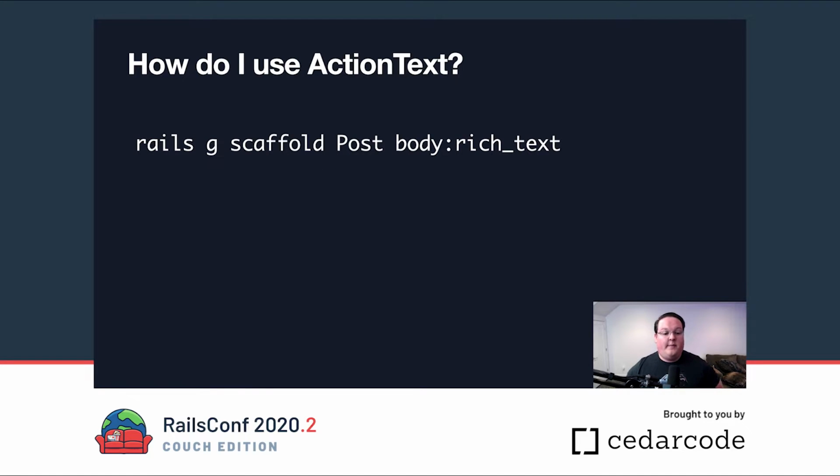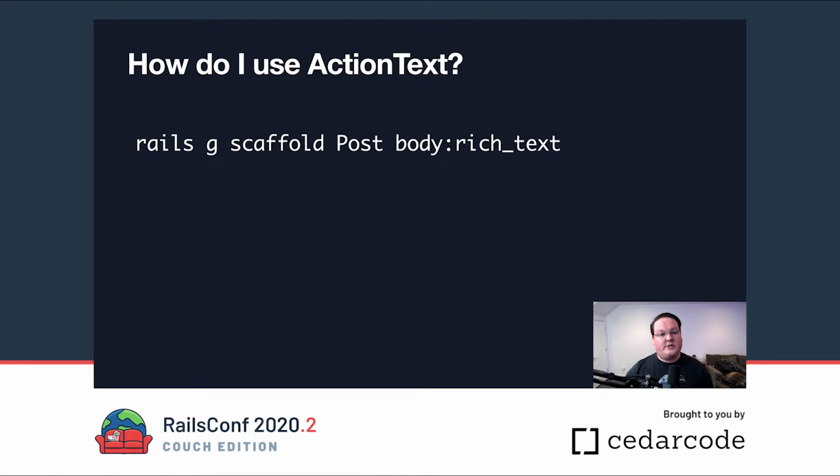So then there's another way to add a rich text field when you're creating a model or a scaffold. This is actually a feature I added to Rails, which is pretty cool. This, alongside the ActiveStorage file uploads, are the three fields in the Rails generators that don't actually map to database columns.